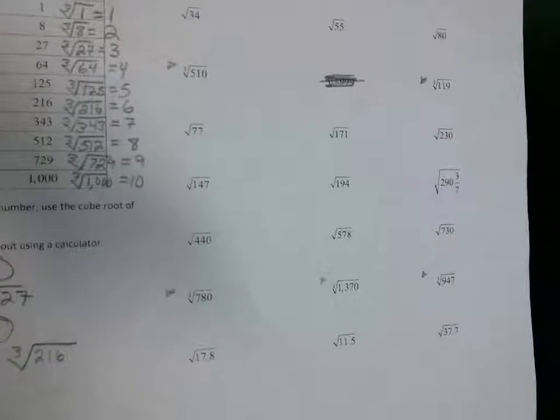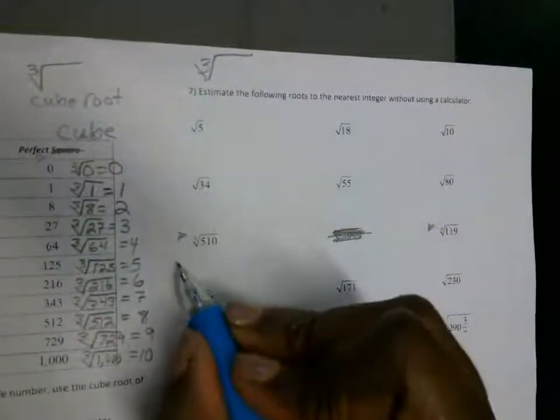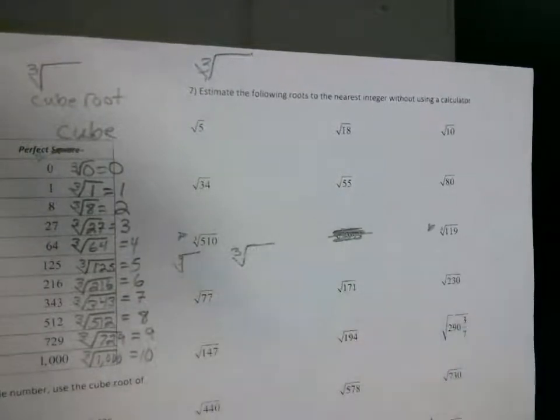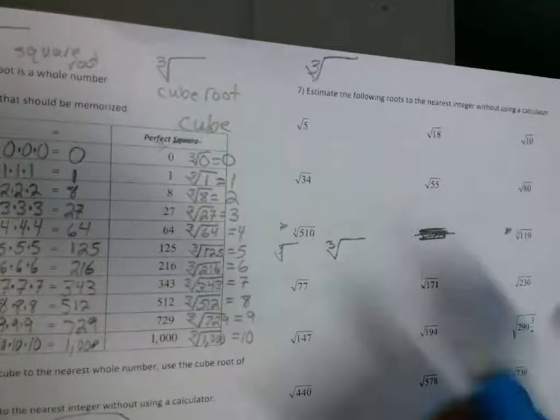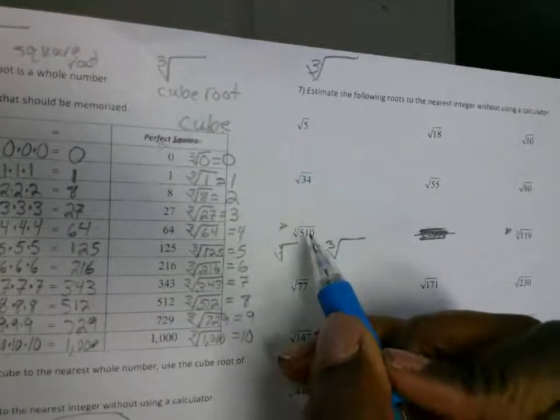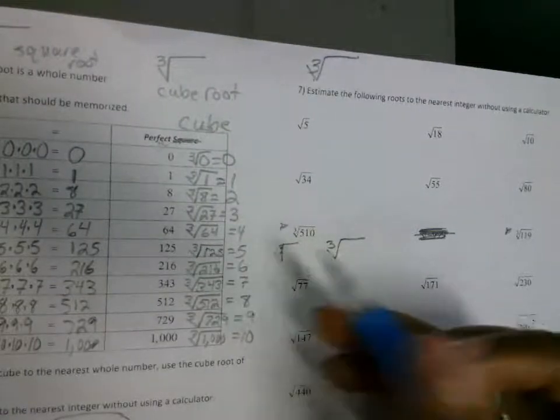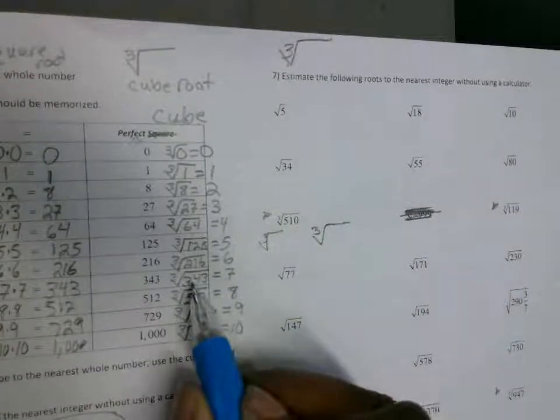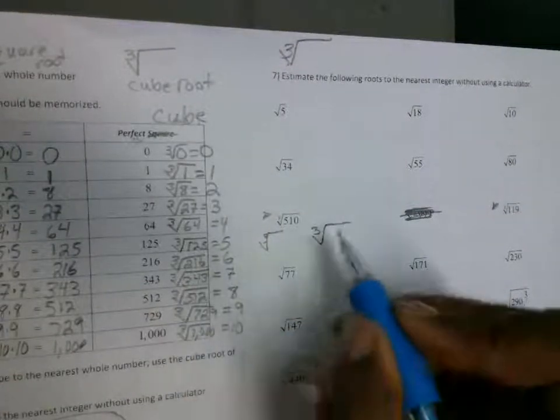All right, so here we go. Let's do this one. What are the two perfect cubes that we can use? What two perfect cubes is 510 in between? Haley? 343.